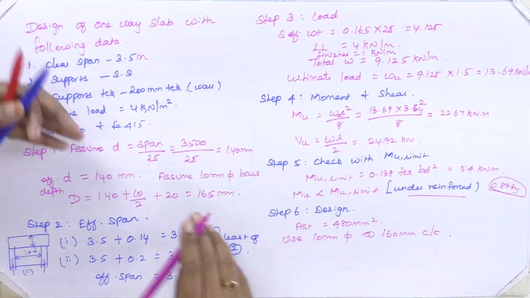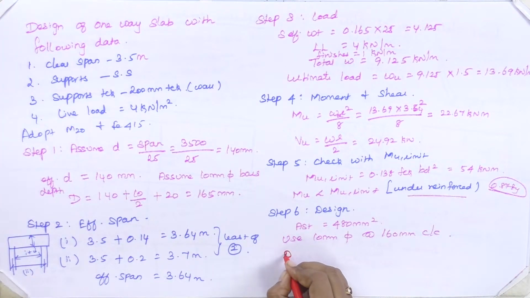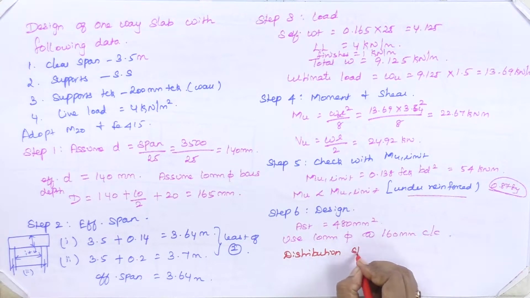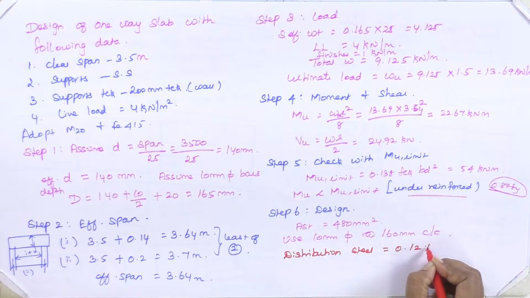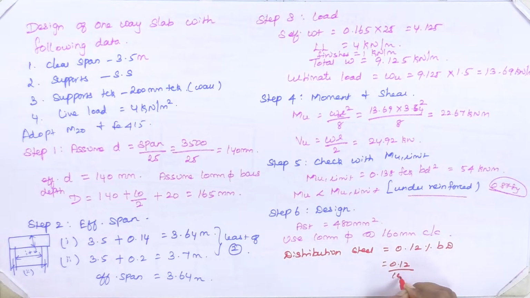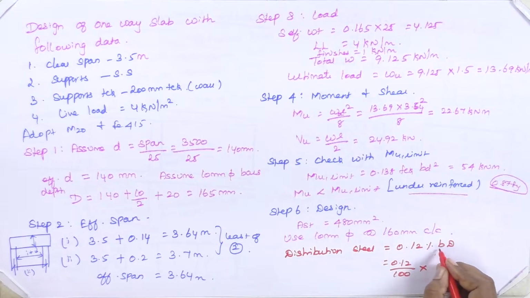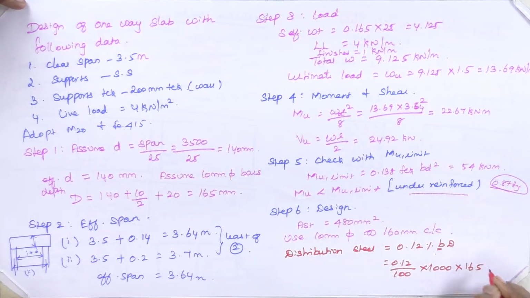Then distribution steel provided as per IS 456 is 0.12% of b into D, that is 0.12 divided by 100 into breadth for slabs is 1000 into the depth is 165.